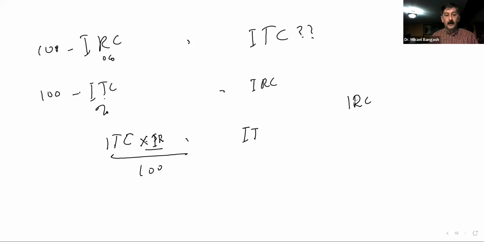Likewise, for your reflection coefficient, if you are given that and the intensity of the incidence, you multiply those two and divide that by 100, and that will give you the intensity of your reflection. Did that make sense?